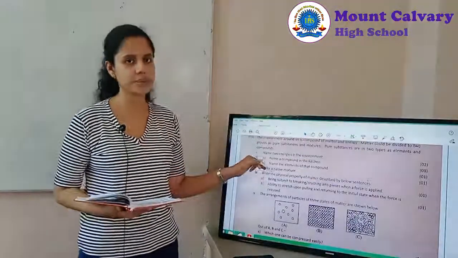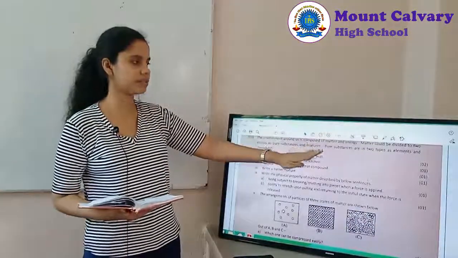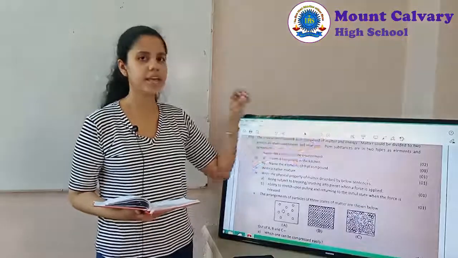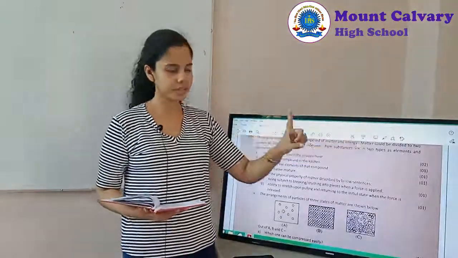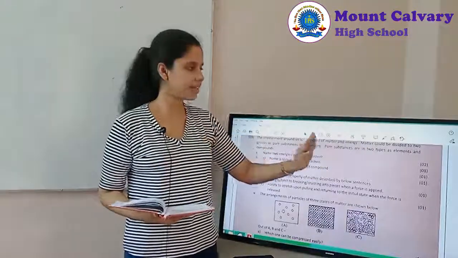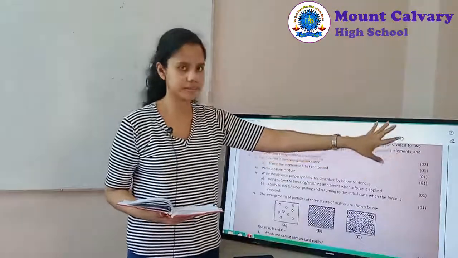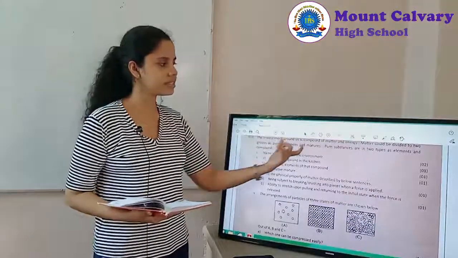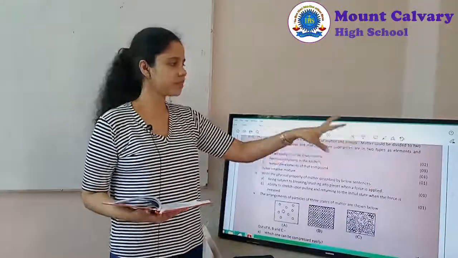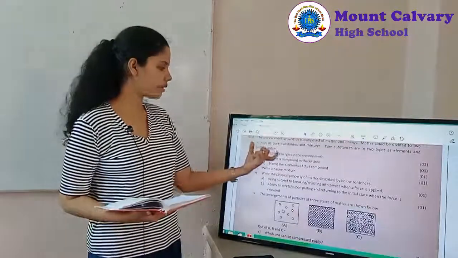Elements means only one material. There are no other materials mixed in that element, right? Now if you take a compound, a compound means a mixture of these elements.